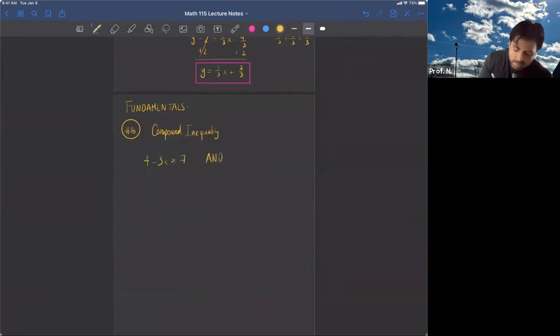And at the same time, I want 2x plus 3 greater than or equal to 7. So I want to solve for x. Subtract 4, and I get that negative 3x is greater than or equal to 3. Divide by negative 3, divide by negative 3, and I get that x is less than or equal to negative 1.